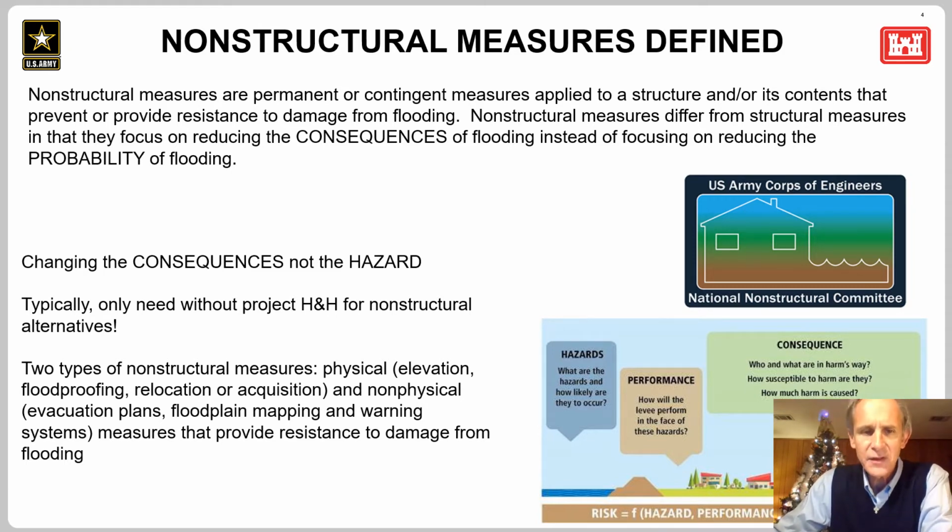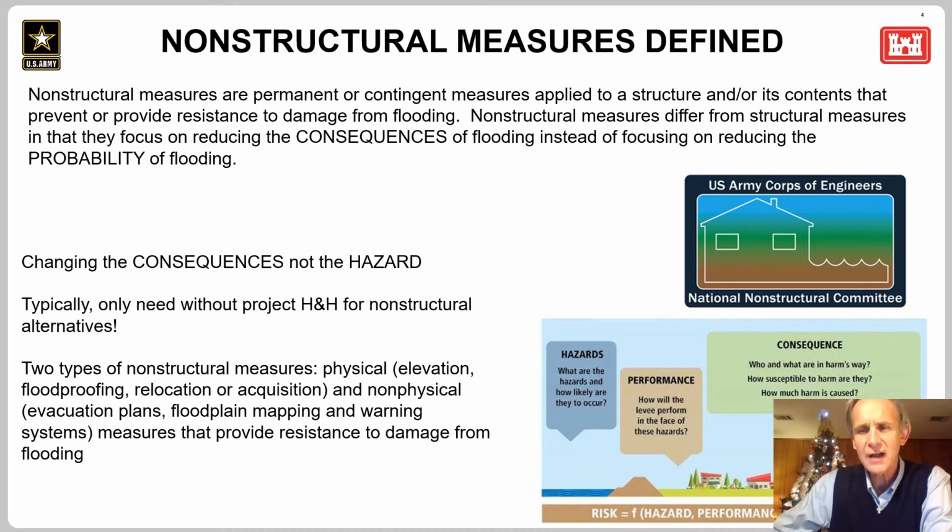There are two types of non-structural measures: the physical, which we typically think about, elevation of structures, flood proofing, relocation or acquisition; and then there's the non-physical, which is evacuation plans, floodplain mapping, warning systems. Improvements there can also reduce the amount of flood damage, as people are able to get out of harm's way, and this provides resistance also.